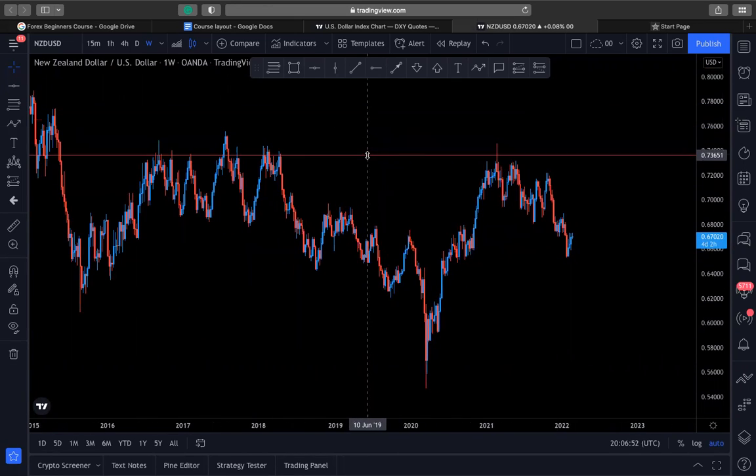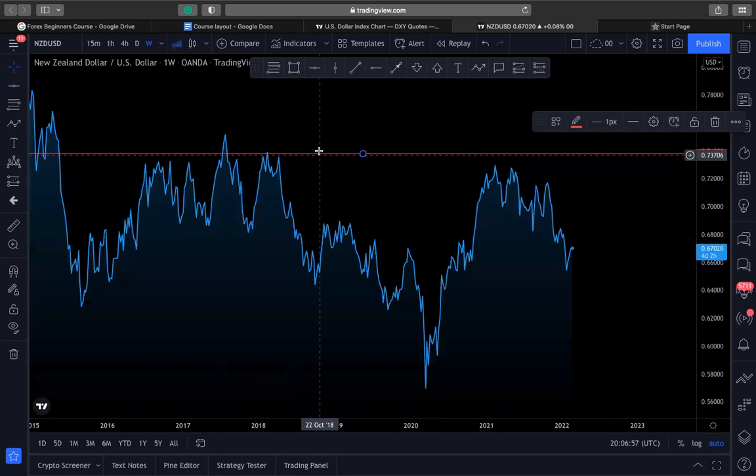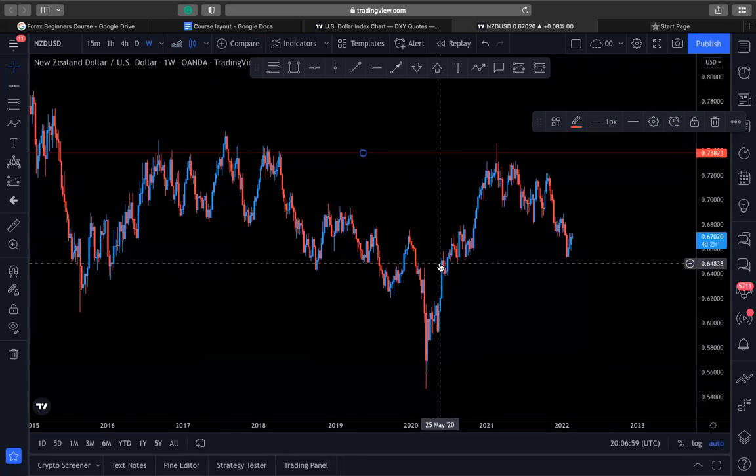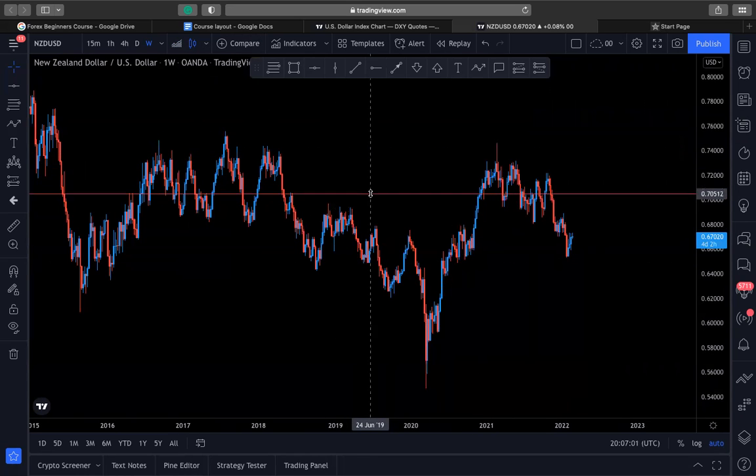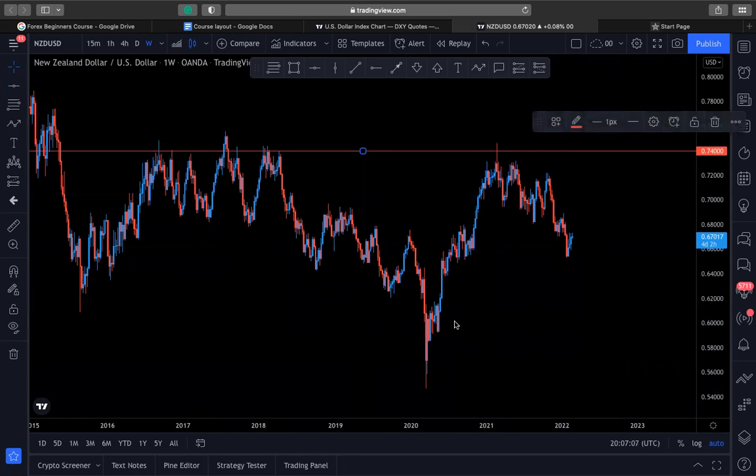I'm going to bring it down to this area here, with these multiple projections of price. Then let's see what level that is. 0.7400, that is what I'm going to use as my first area of resistance.